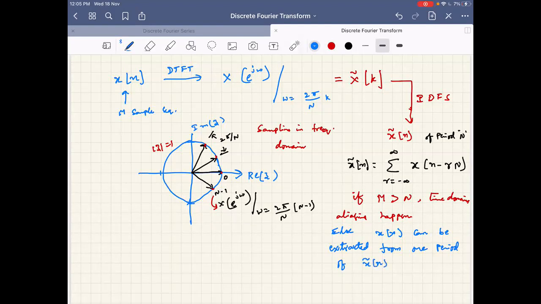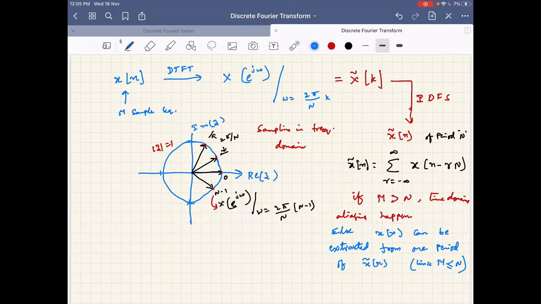In this case, m is less than or equal to n, so the repetition is happening with period n. The sequence is of length m, so you can easily extract the sequence x of n from x tilde of n. This is what we have discussed in the previous video lecture.